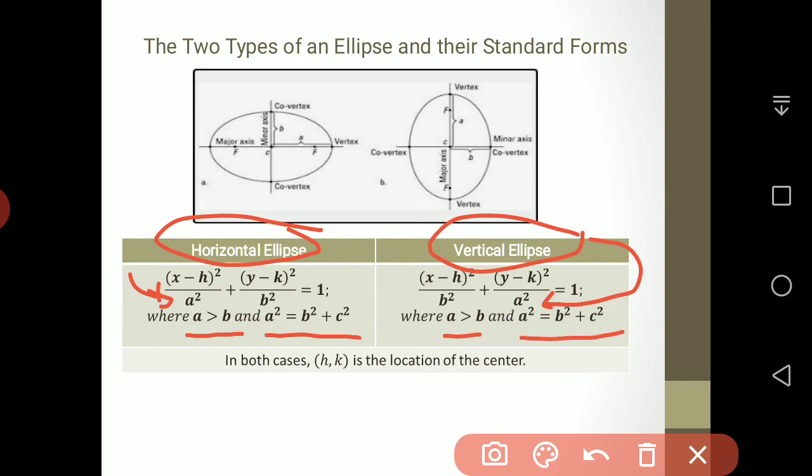In both cases, (h, k) is the location of the center.